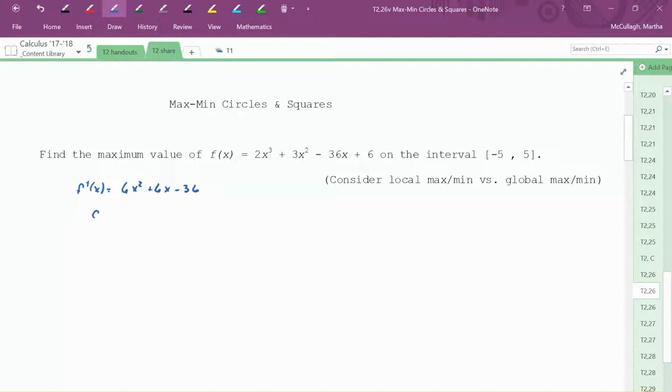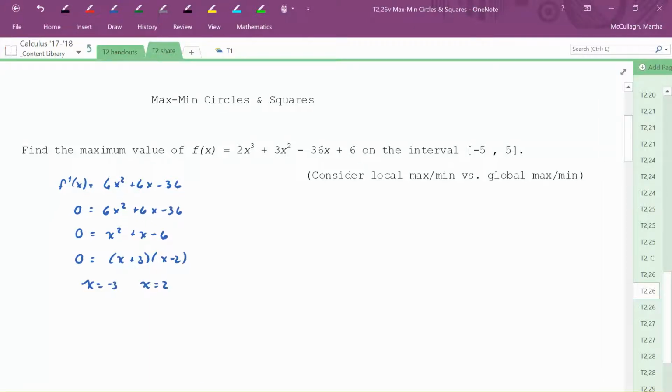I'm going to set that equal to 0. 0 equals 6x squared plus 6x minus 36. I'm going to divide each side by 6, and I have x squared plus x minus 6, and that factors nicely. We've got x plus 3, x minus 2, so x equals -3, or x equals 2.